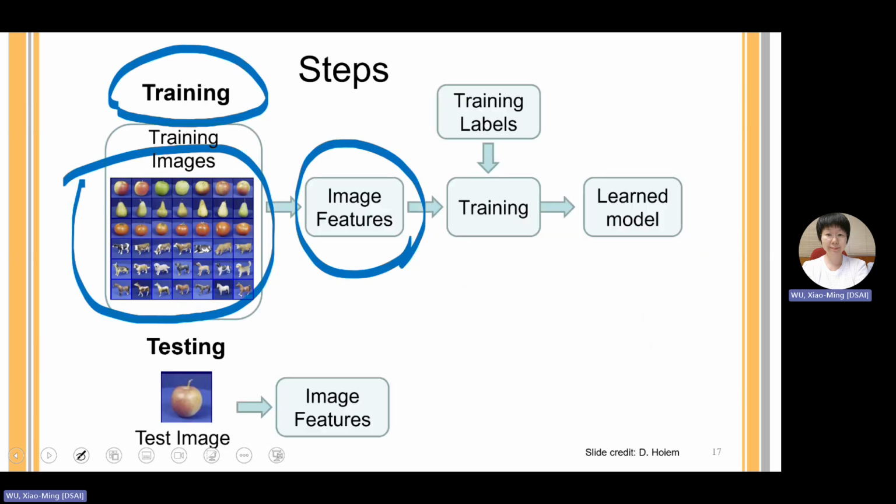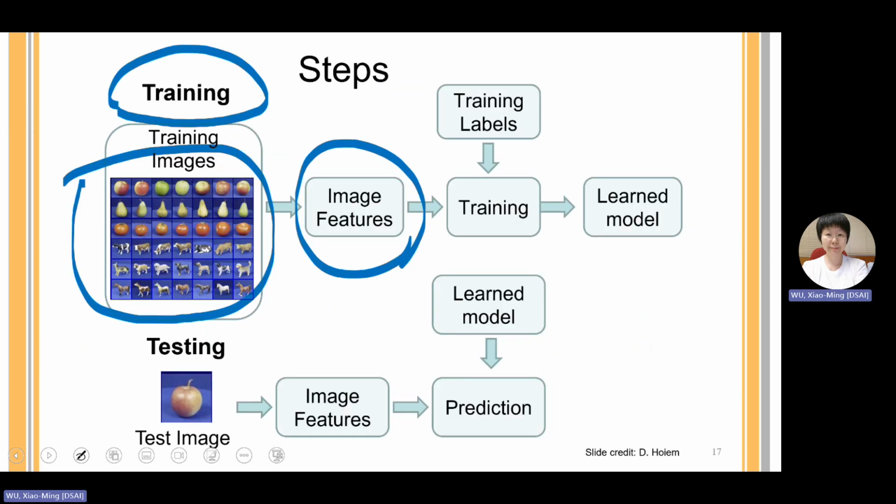During the training process, the first step is to extract image features, followed by training a classifier or a learning model.